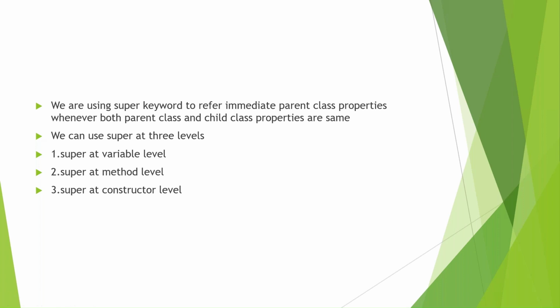Immediate means, for the class B right now, the immediate super class is A. For the class A, the immediate super class is Object. For class B, I am not saying Object is the immediate super class, because class B extends class A, and class A extends Object. I hope you understand the difference.